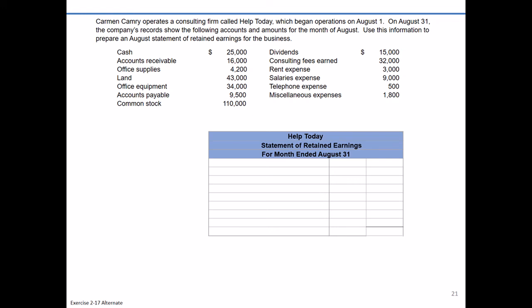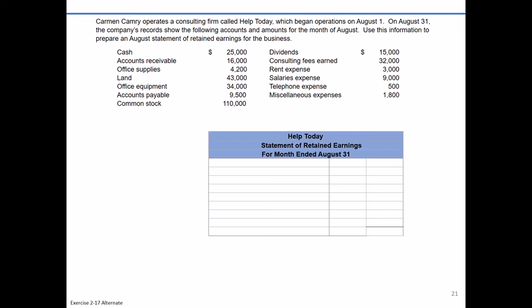Very similar to our income statement, our statement of retained earnings also looks at a period of time: the month ended August 31st. Remember, we began operations on August 1st, and we're preparing our financial statements as of the end of August, so that gives us the month ended August 31st.